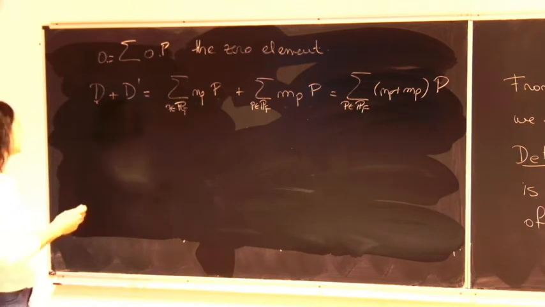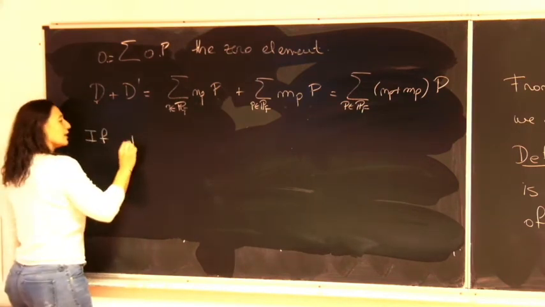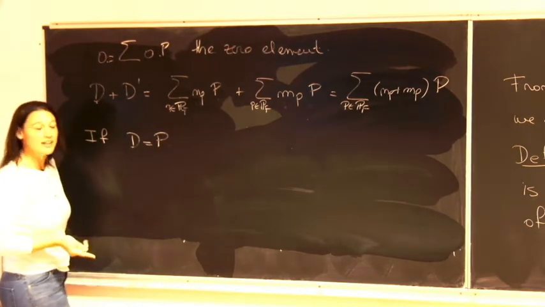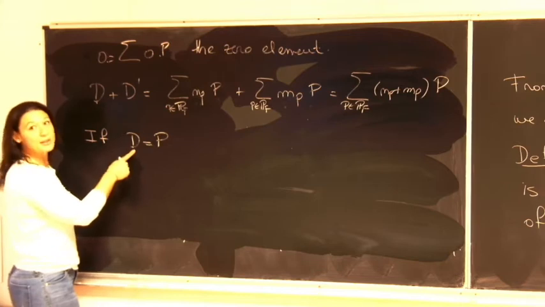And if D is only one place with coefficient 1, which is also a divisor, we say that D is a prime divisor.